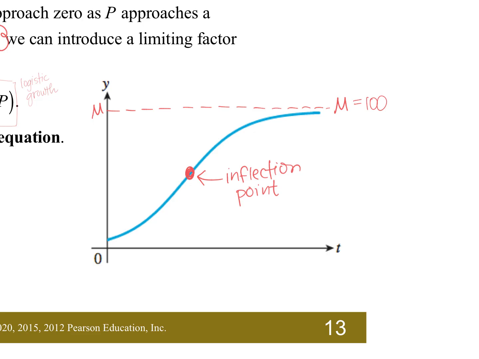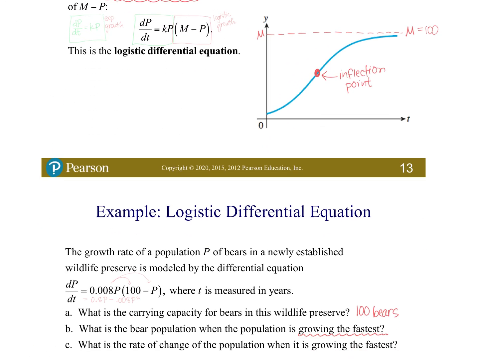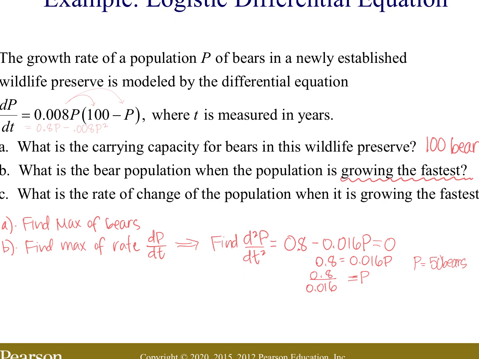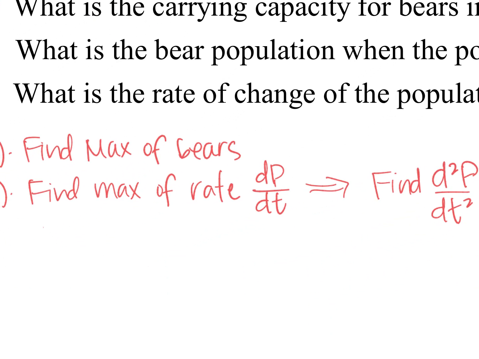And that is where the second derivative was set equal to 0. And so that is going to be 50. It's half of your carrying capacity. That always happens, the fastest rate is going to occur at half of your maximum carrying capacity. So that's a good thing to note for future.